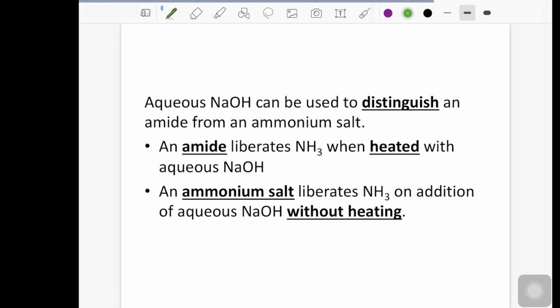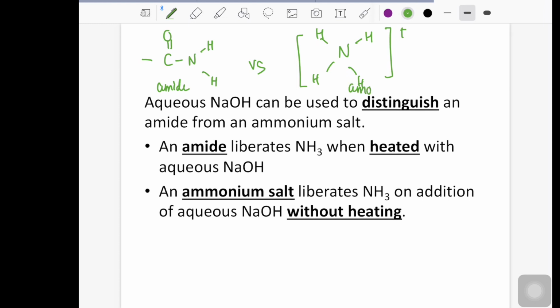Now, amide and ammonium salt. They are just saying that you can use sodium hydroxide to differentiate between these two. Ammonium salt can be NH4 plus, I'll just use the simplest, with a positive charge. So how do you differentiate an amide and an ammonium ion, because both of them react with sodium hydroxide, but there's a difference.